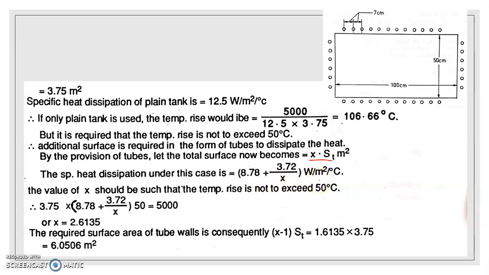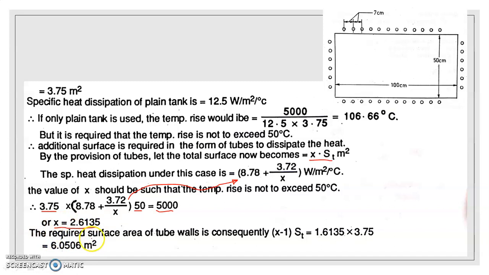Per meter square means for 1 meter square, but we have the total surface area of 3.75 meter square. So we multiply with the total surface area of the tank and the maximum permissible temperature, 50 degrees Celsius. This should equal the maximum total loss of 5 kilowatt, so you will get the value of x here.